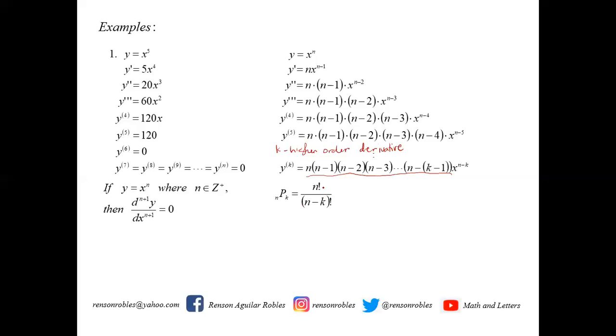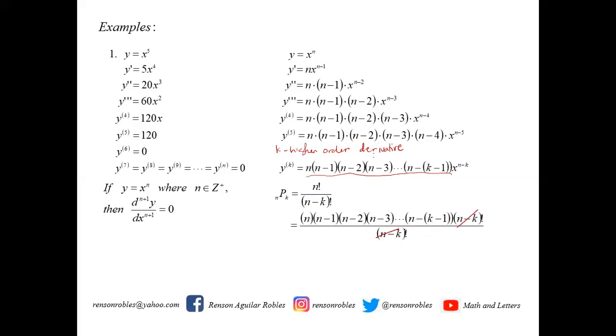And that is equal to n factorial all over n minus k factorial, where n factorial can be written as n times n minus 1 times n minus 2 times n minus 3 running until n minus k minus 1, and I will stop at n minus k factorial because of this n minus k factorial here. Okay, and then we can now cancel this out.